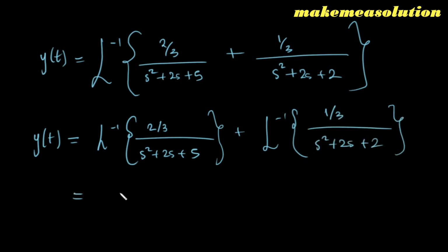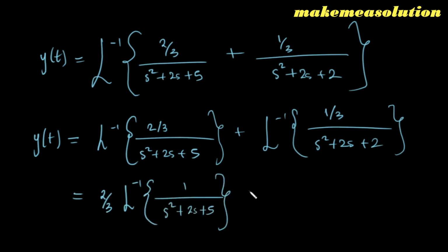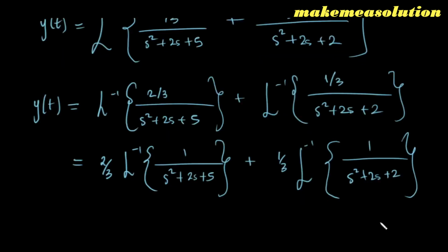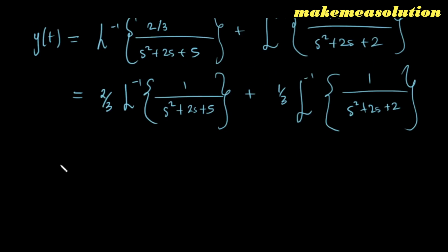Also by the principle of linearity, this will be 2/3 Laplace inverse of 1 over s squared plus 2s plus 5, plus 1/3 Laplace inverse of 1 over s squared plus 2s plus 2. Okay, so the next thing is, how do we go from here?